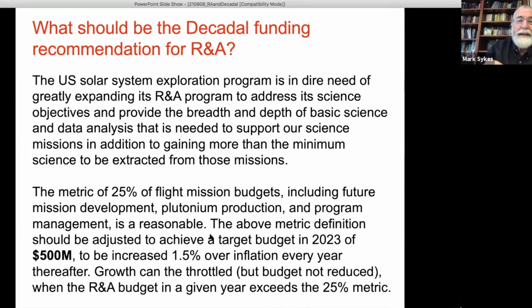So I'd say that we're in dire need of greatly expanding the RNA program to address the science objectives of our Planetary Science Division, and to provide the breadth and depth of basic science and data analysis needed to support our science missions.